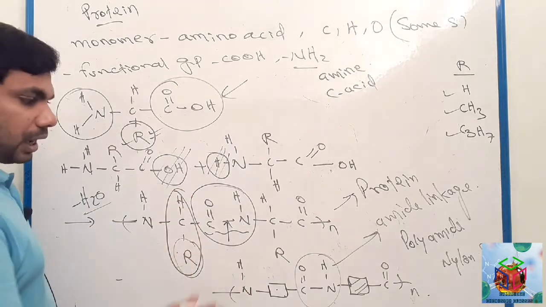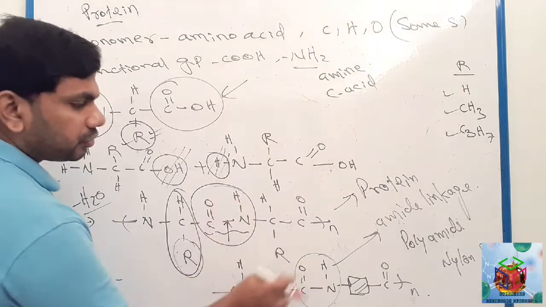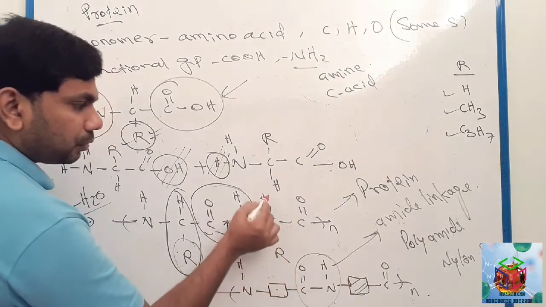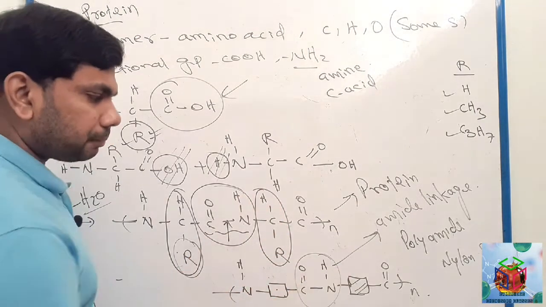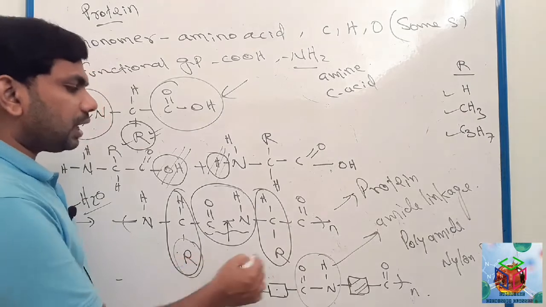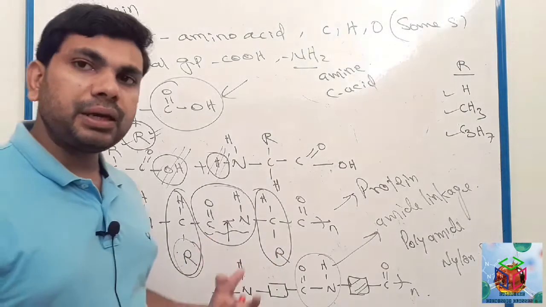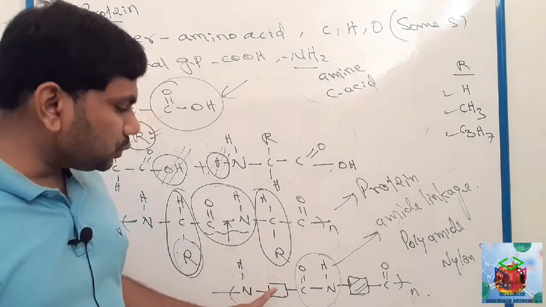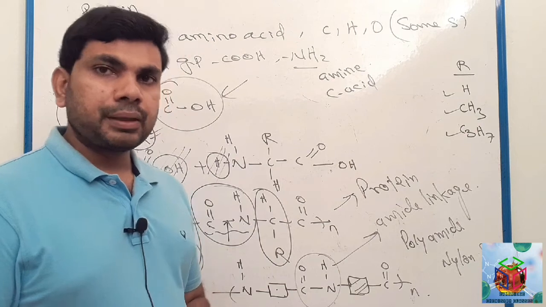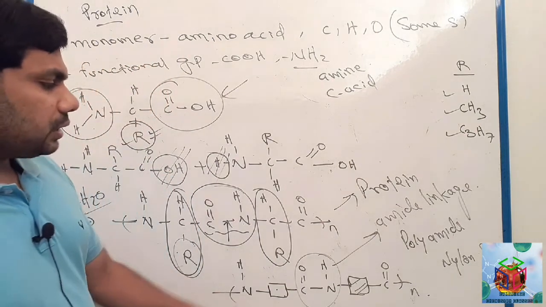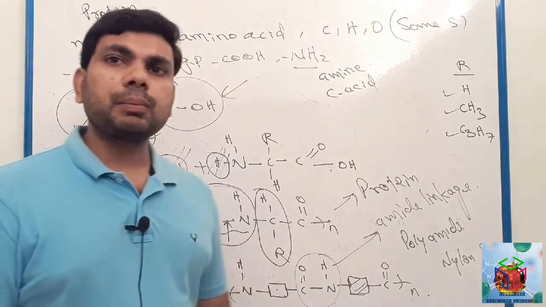After that carbon double bond oxygen, nitrogen single bond hydrogen. Then again another box here, this is CHR. These are not the same because this R and this one are different. For different amino acids R will be different, that's why I used different boxes. Clear? So here this is the amide linkage and this type of polymer is called polyamide.